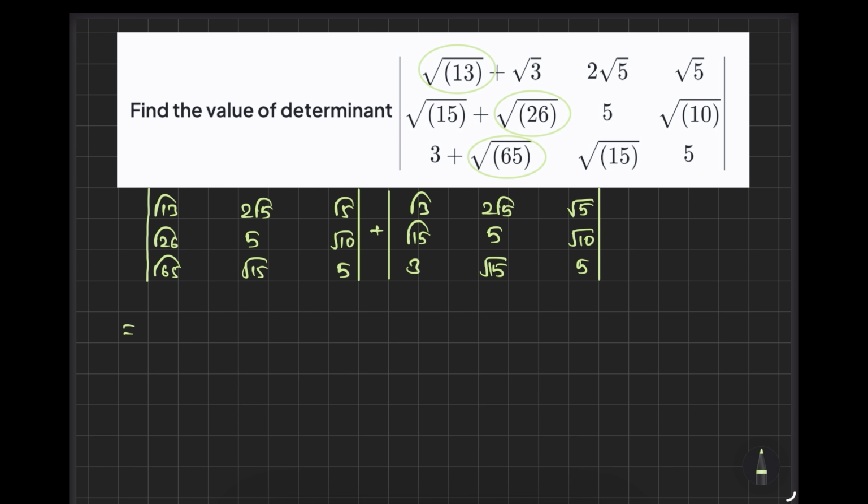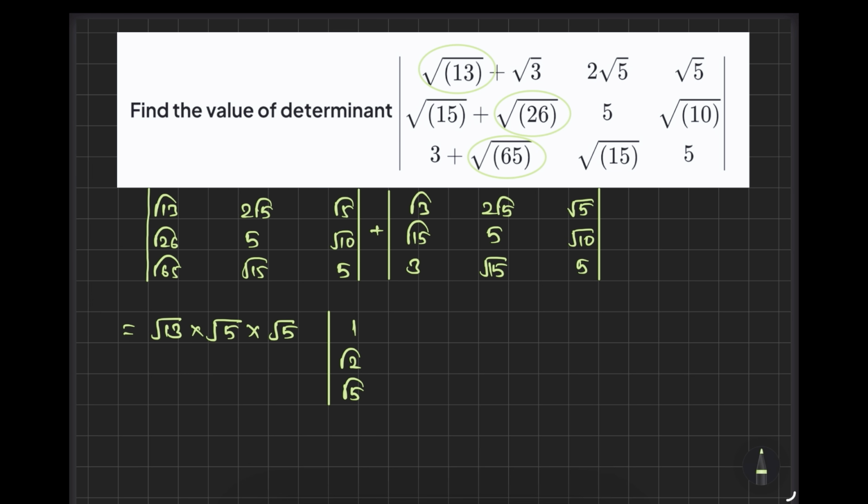Now look at this. I will take root 13 common from this column, root 5 common from this column, and root 5 common from this column. So we will be left with 1, root 2, root 5. Comfortable?